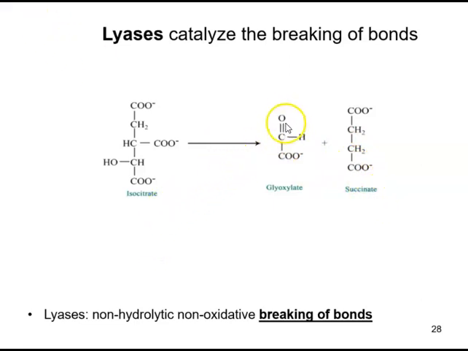You can see a new double bond is formed, and the cleavage is going to occur between these two carbons. So the bottom part of this isocitrate is going to form the glyoxylate, and the new double bond will form between this carbon and this oxygen. And the succinate will be formed from this 4-carbon molecule, and that is how we're going to generate that new substance.